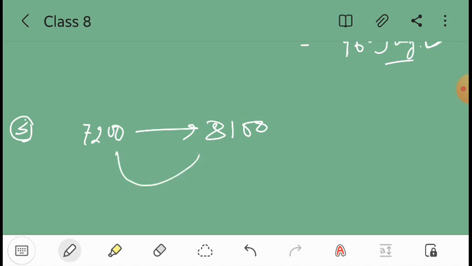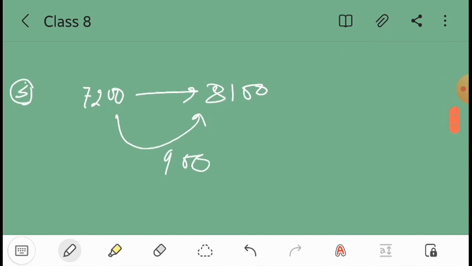So here the increased amount is what? You need to subtract these two. So that means it will be 900, that amount is increased actually, right? So what percentage?